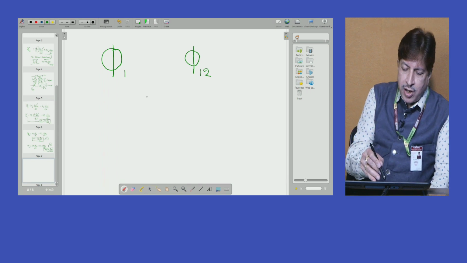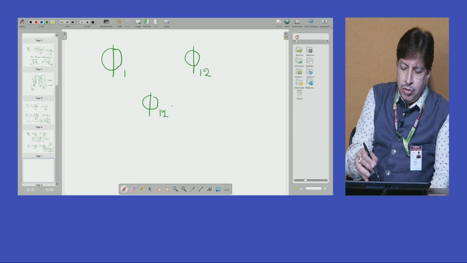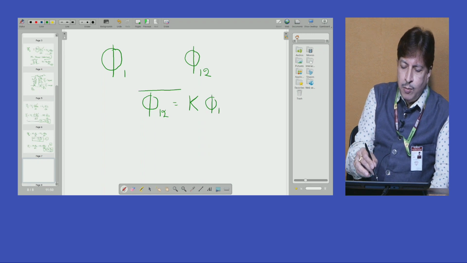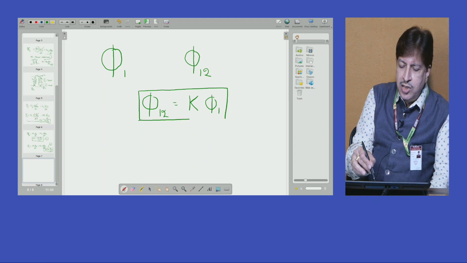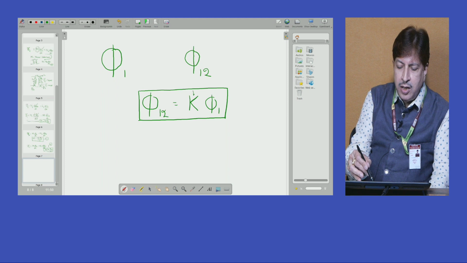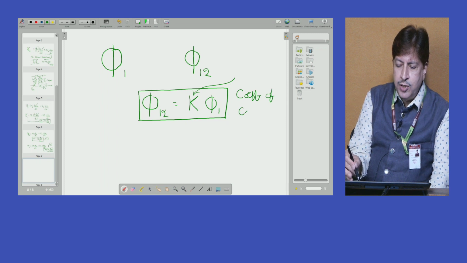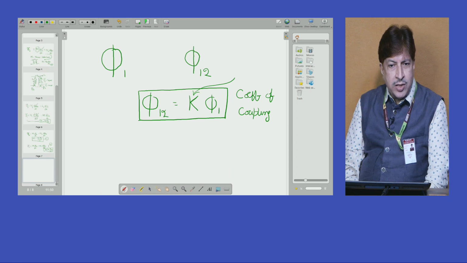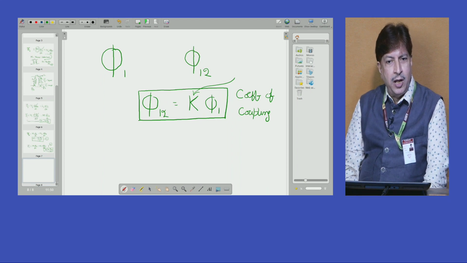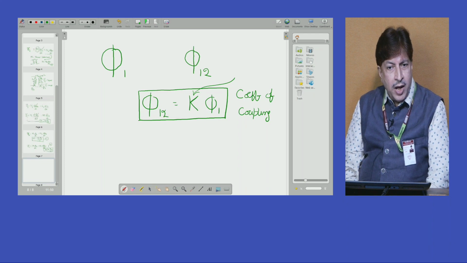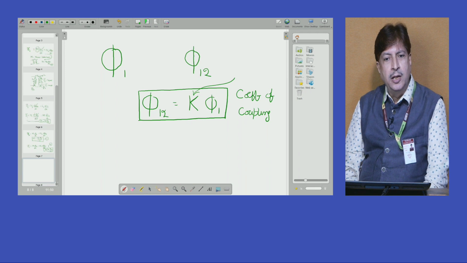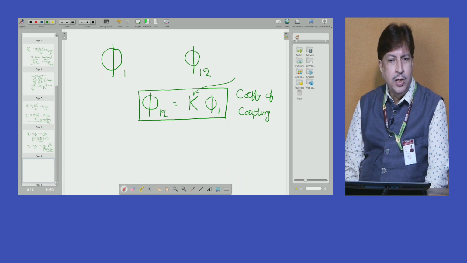Hence, I can always write phi 12 is K times phi 1, where that part which is less than unity is called the coefficient of coupling, and this coefficient of coupling is represented by K. When we see this specification in a coupled circuit, what we can understand from it is how intensely the linking is taking place between the two coils of a coupled circuit.